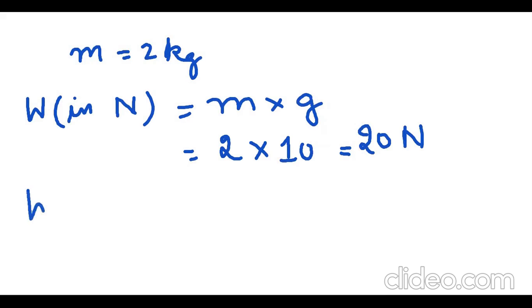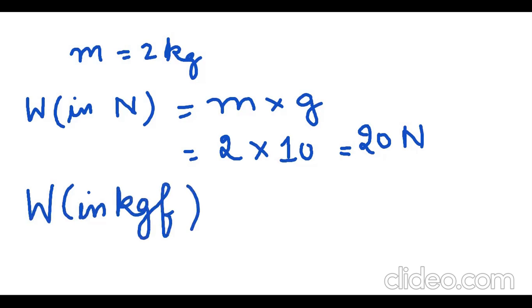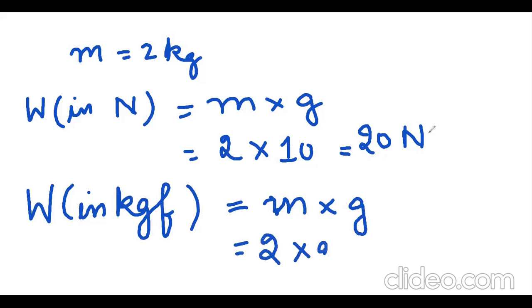And if I want to find weight on earth, but in the unit of kilogram force, in kgf, then what I have to do? It is very simple, children. See, m multiplied by g, and children, you write down m as 2 kilogram and g, don't write its value.